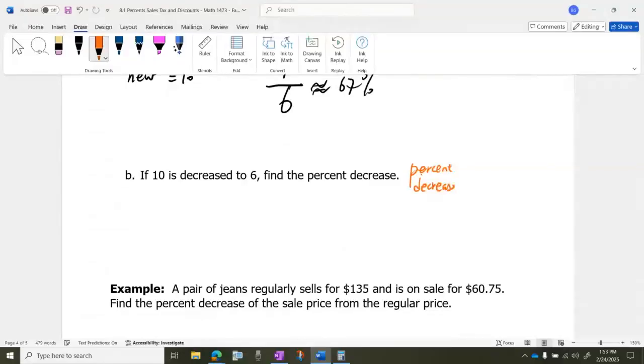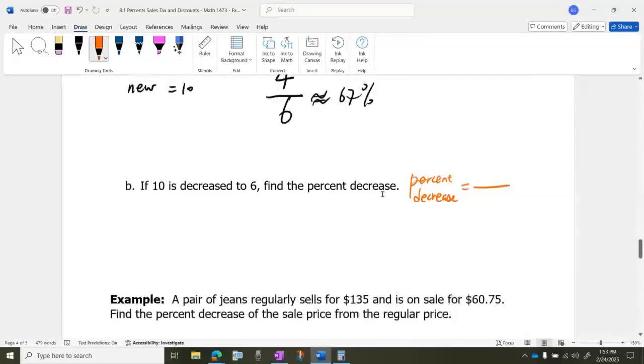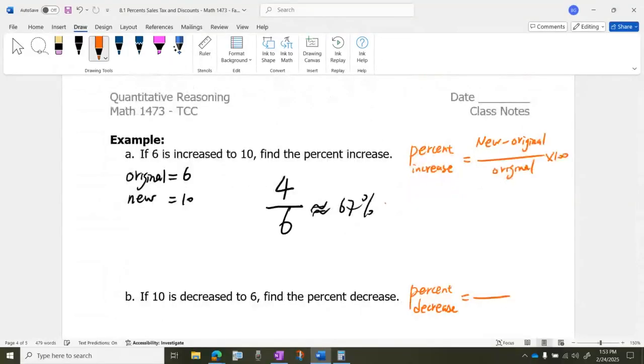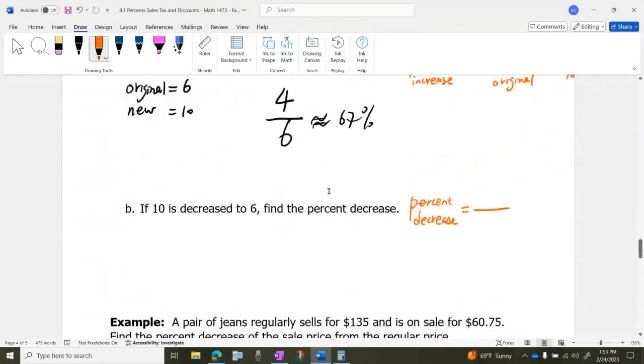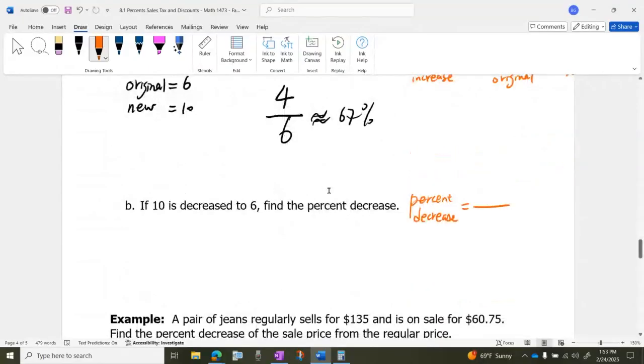Percent decrease. Formula. Oh, actually, I have to fix this. Multiply by 100, and then attach the percent sign, right? Because the result is supposed to be a percent. So percent decrease is you use the original value minus the new value, and also divide by the original.